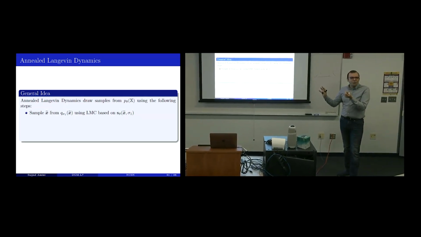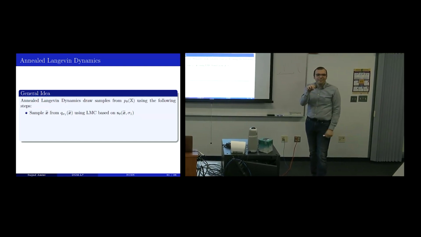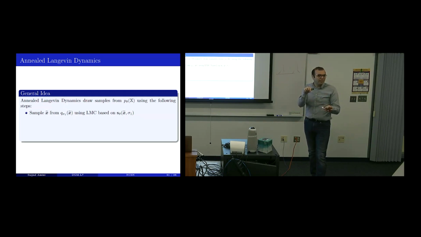What do you think? What can I do? How can I use the other score functions to improve this point? I have score functions of better data sets, nearer to my true data set, but I do not use them now for this sample. Okay? So you have to sample using sigma 1 and use the sigma L to somehow refine its value.